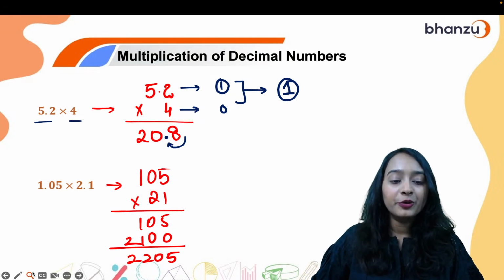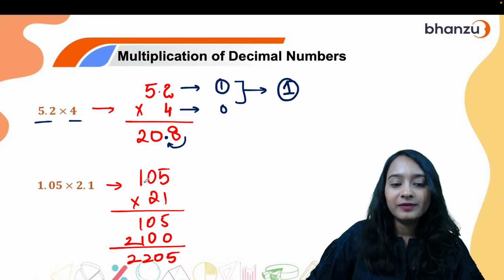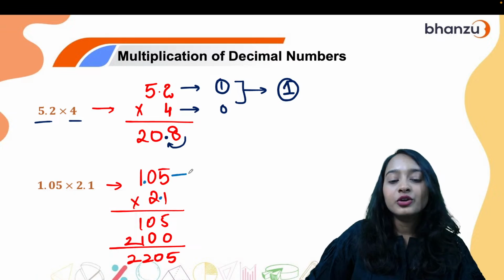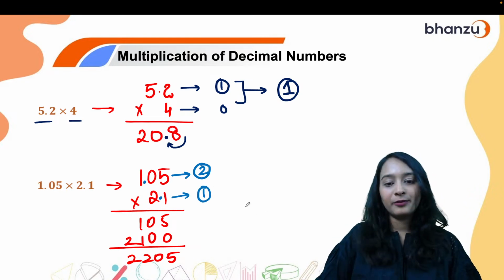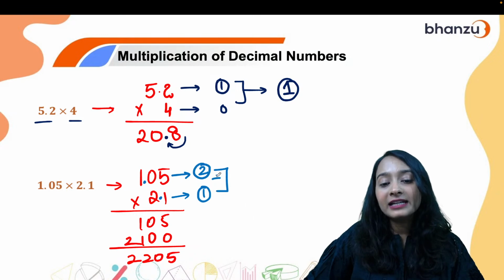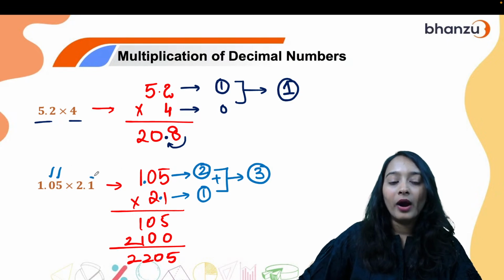Now we count how many digits are there after the decimal point. Here there are 2 digits after the decimal point, and here there is only 1 digit after the decimal point. So in total, how many digits are there? There are 3 digits altogether, 2 here, 1 here.